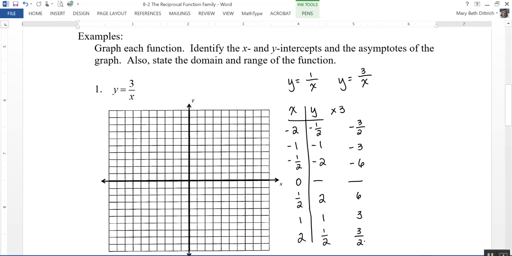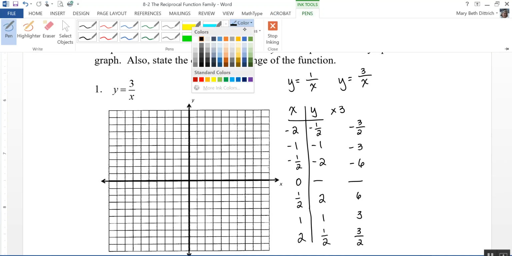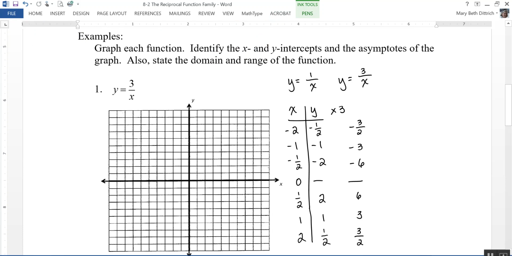I'm going to go ahead and draw in my asymptotes here, in a different color. Let's do those in red. So x cannot equal 0, so that's going to be my vertical asymptote here. I have a vertical asymptote at x equals 0.